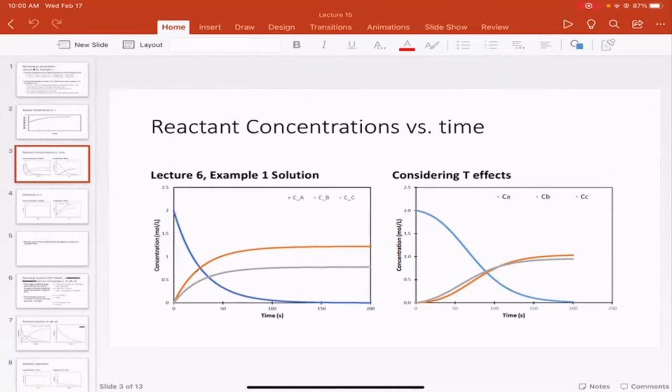In this particular problem, the conversion of A, when we consider temperature effects and start at room temperature, takes a little while for the reaction to go. So your conversion is definitely lower as a function of time in this non-isothermal case, where we're just starting up the reactor from scratch, versus when everything was already perfectly heated and isothermal at 250 degrees the entire time.